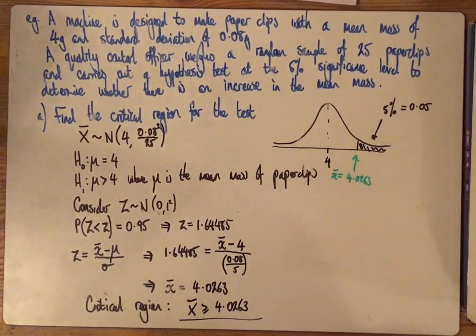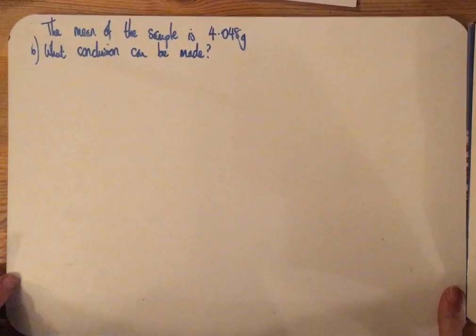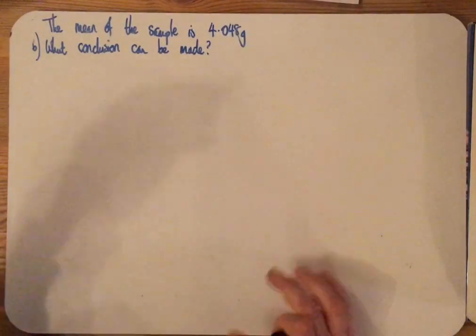And then the last little bit. The quality control officer will probably appear again at some point in another question. Takes the mean of the samples and gets 4.048 grams, and we can decide what conclusion can be made.